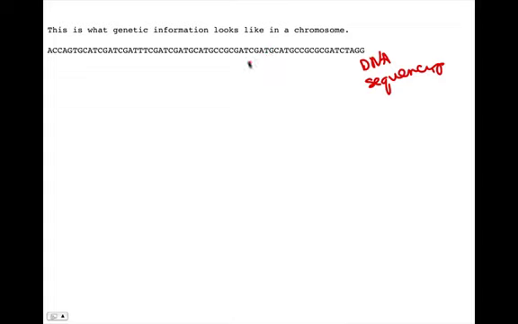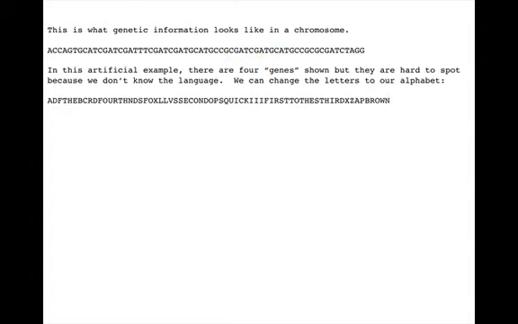You can do a search to look for certain patterns of letters. And there are many of those sequences available on the web. So you could, for example, look for the insulin gene in pigs by looking at the pig genome and searching through it. All right? So we're not used to looking at these kind of letters. We're used to look at these kind of letters. It's the same thing. This is a language.